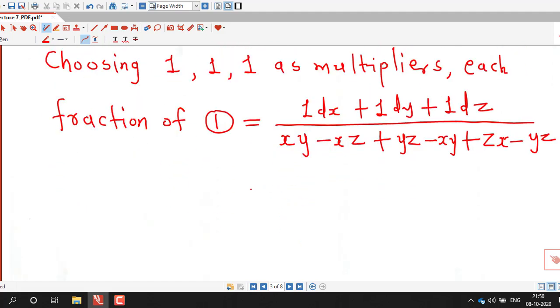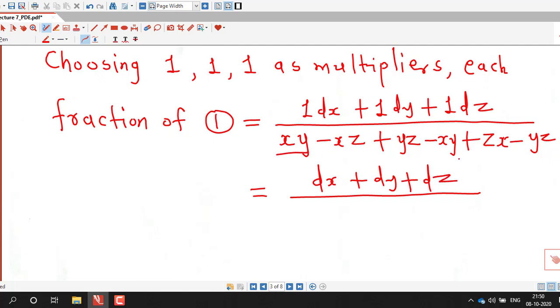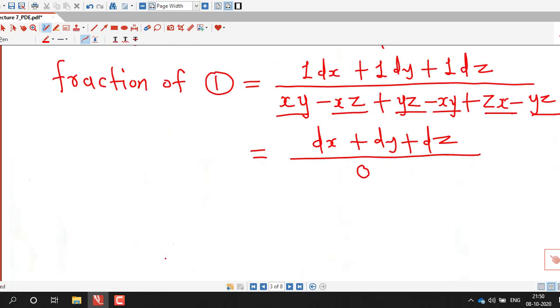So this equals, here we can write dx plus dy plus dz, and you can see x into y will cancel out with minus xy, yz minus yz 0, zx minus zx 0. So we have 0 in the denominator.